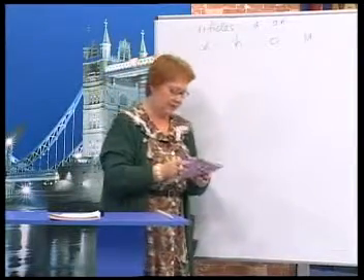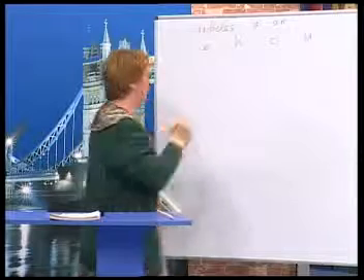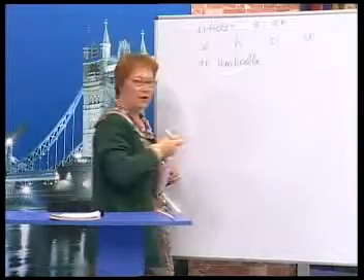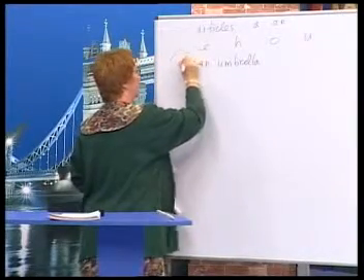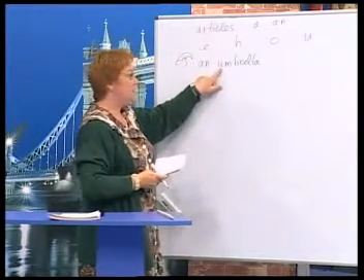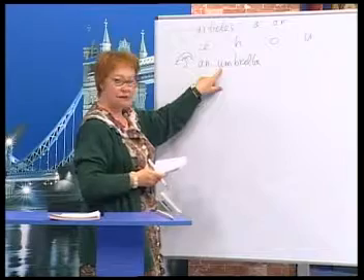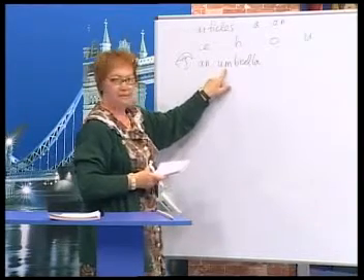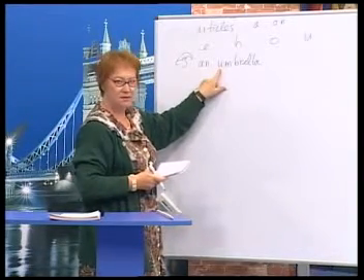Now let me show you some examples. Here's one: an umbrella. We haven't seen umbrella before. An umbrella. It starts with U, it's a vowel, an umbrella, because it's a vowel sound.